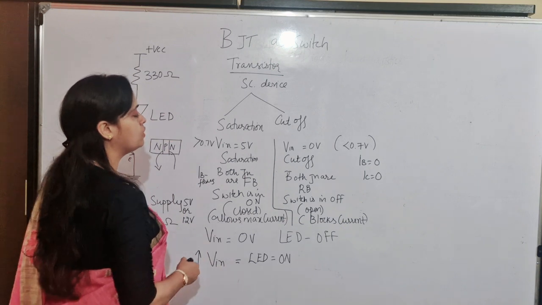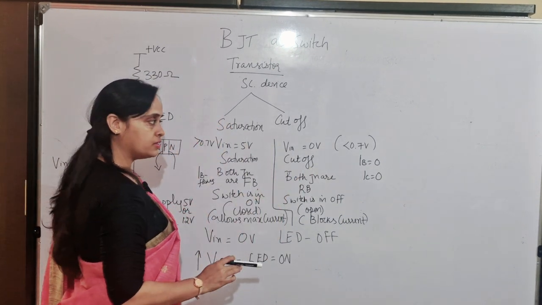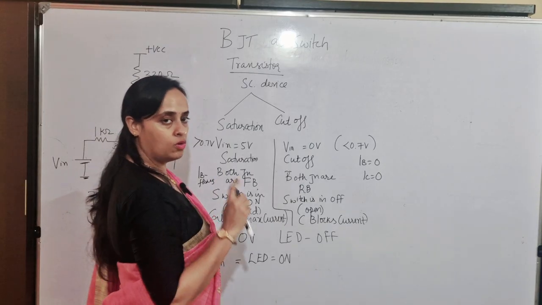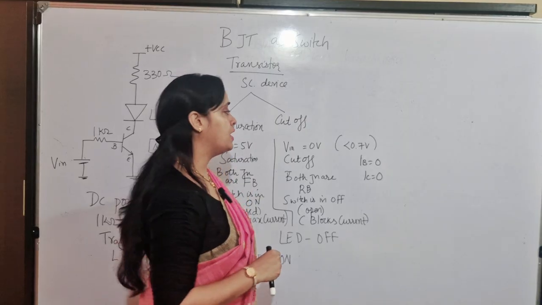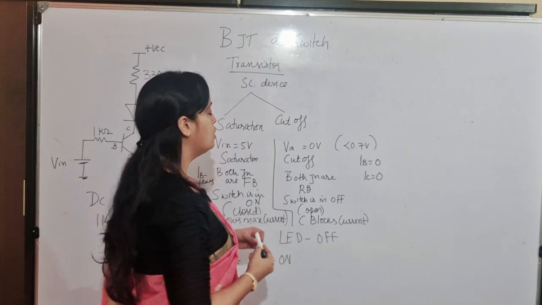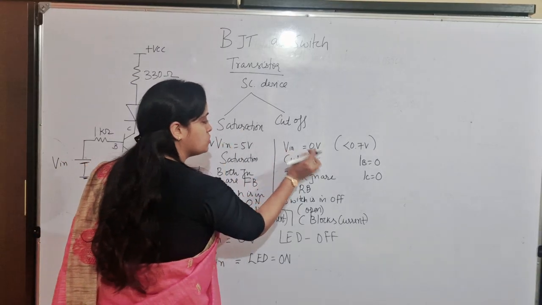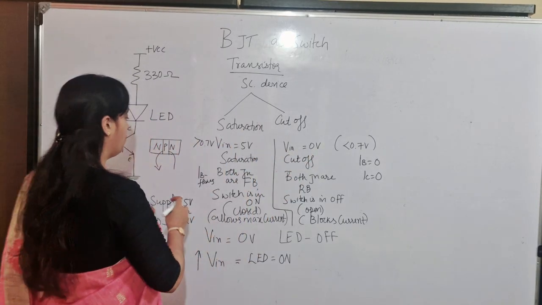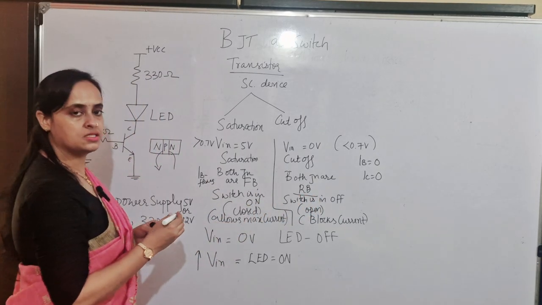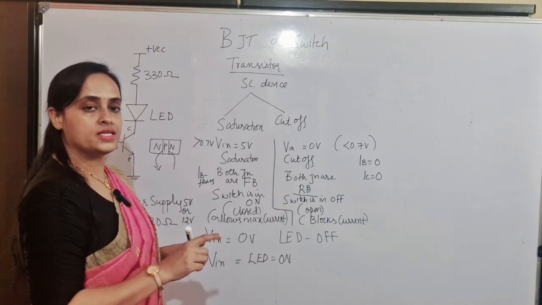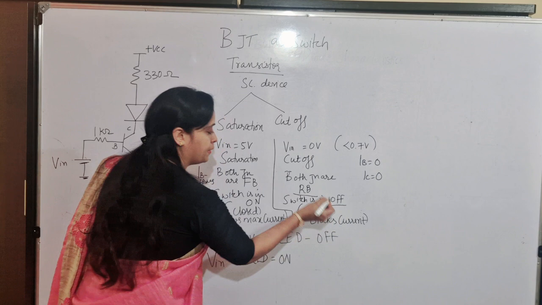Now what happens if Vin is at 0 volts? All of you know from the previous experiment, the voltage at which there is an increase in current, we call it cut-in voltage. So let us assume that when Vin is equal to 0 volts, both the junctions will be in reverse bias. If it is in reverse bias, the switch is in off state.